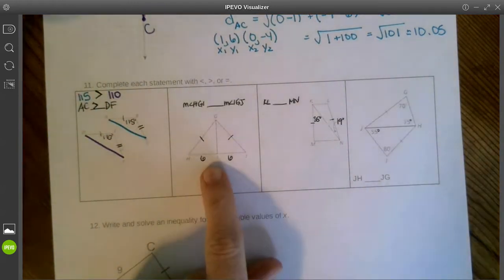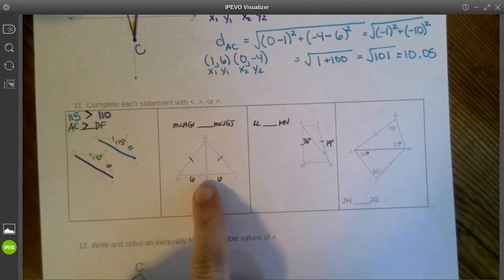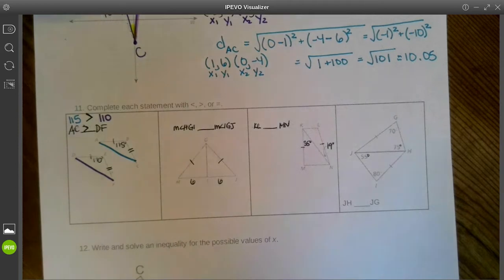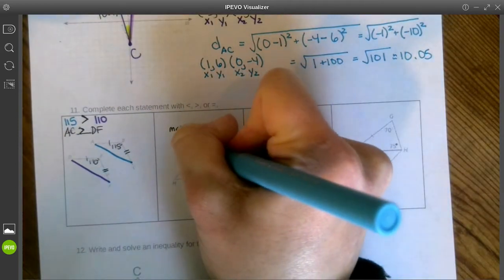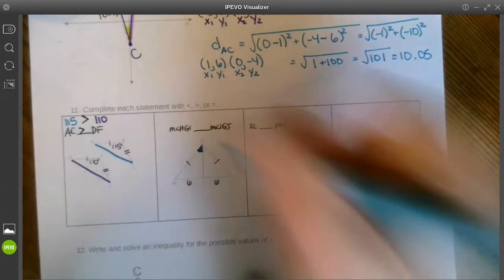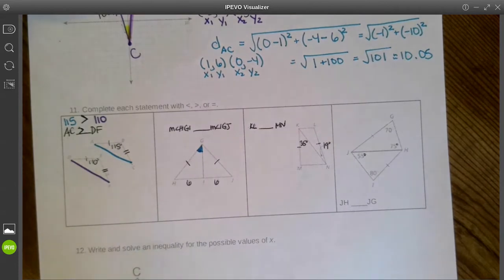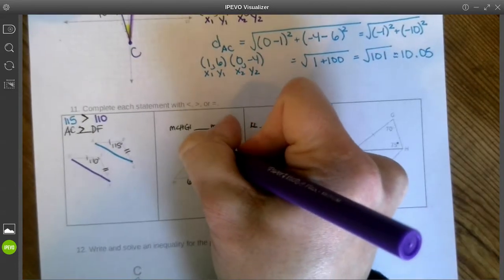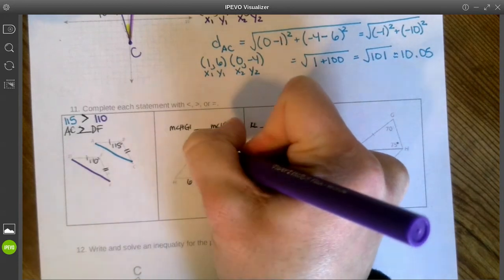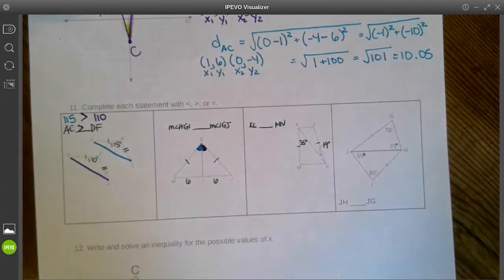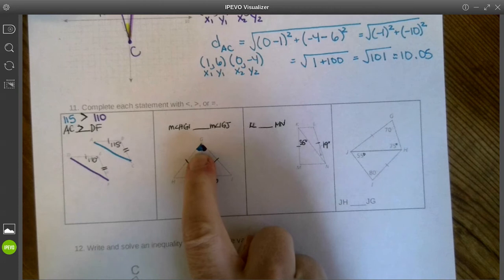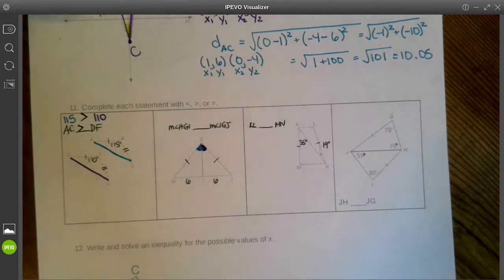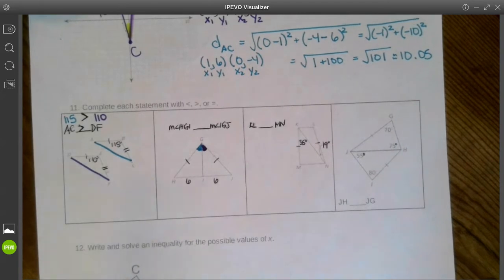And our second one here, angle HGI, that is this angle here. I'm going to shade it in blue. And angle IGJ is here. So we need to look at the sides this time that they are opposite to. Angle HGI is opposite side HI, which has a length of 6.